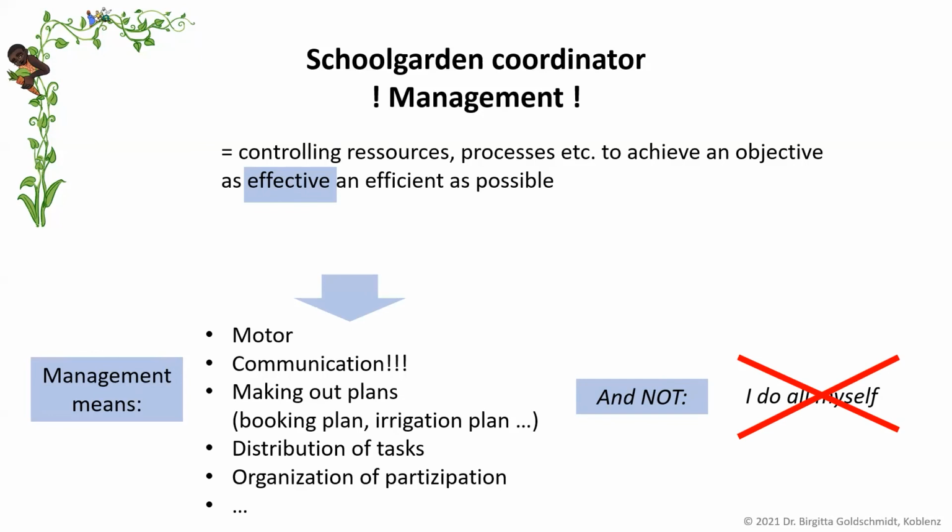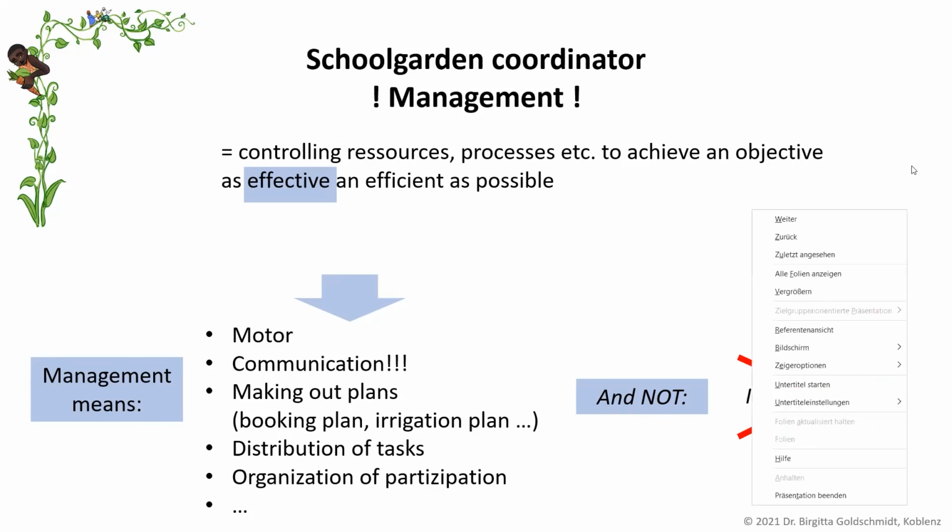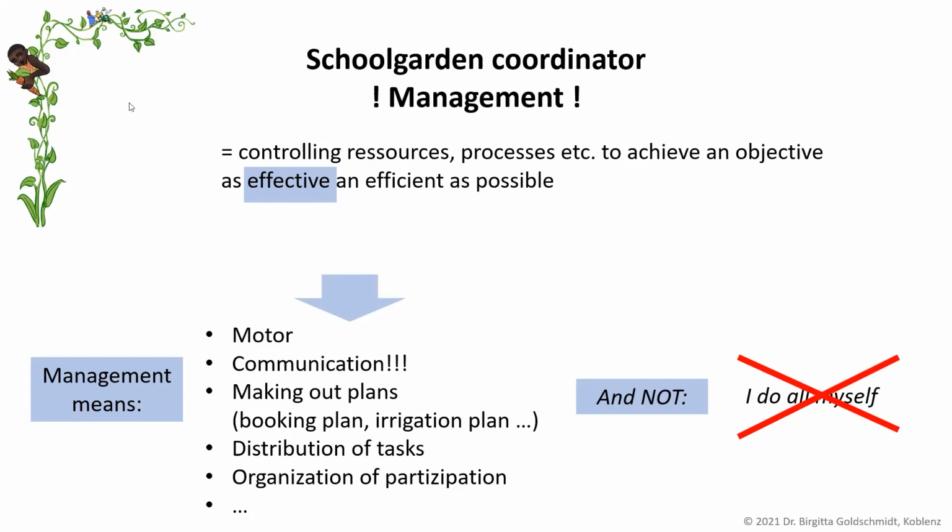The school garden coordinator is the motor of school gardening in the school. He is responsible for the communication between the different stakeholders. He makes plans, booking plans, irrigation plans, and he distributes tasks, and he organizes participation. So this is what a school garden coordinator does.